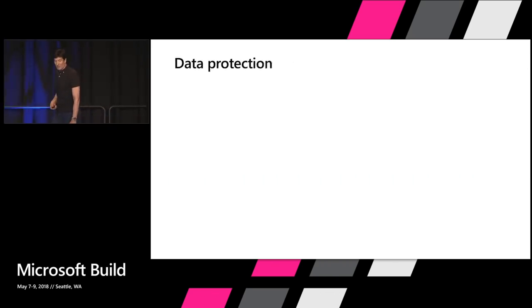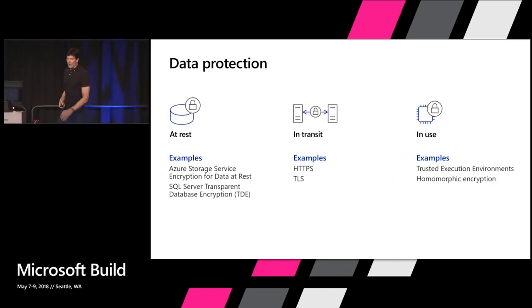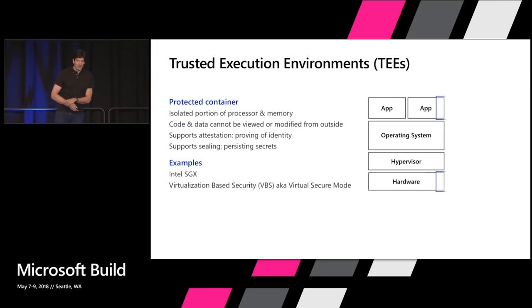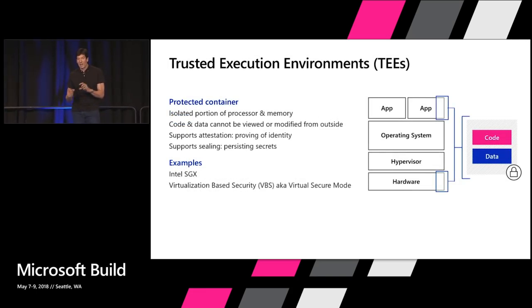We've been working on something called data encryption in use, based off of something called trusted execution environments, or TEEs. A TEE is an isolated piece of the operating environment on a server that can't be accessed from outside it. You can have different providers.